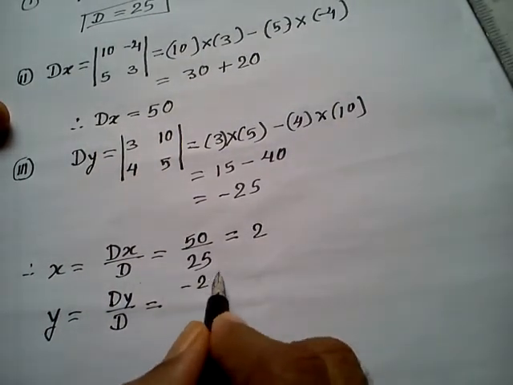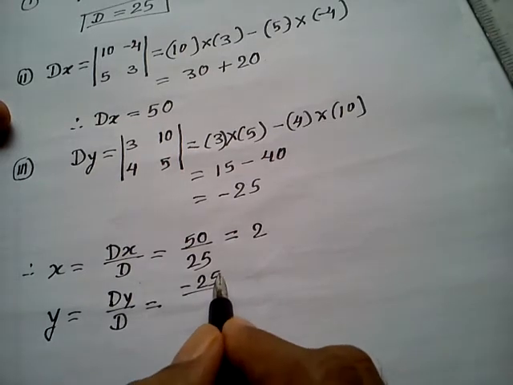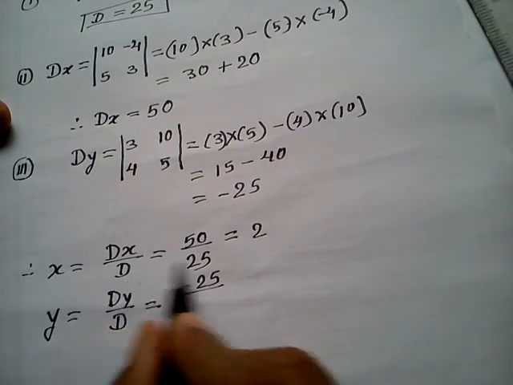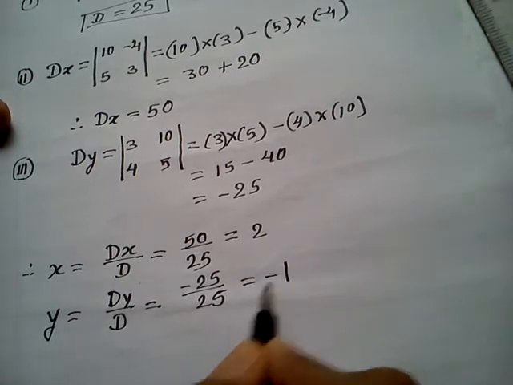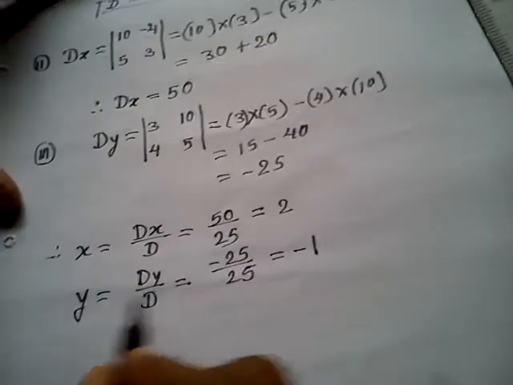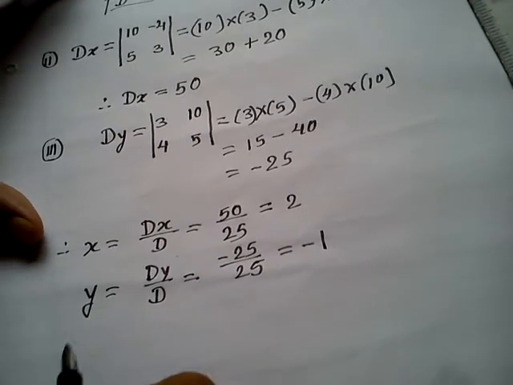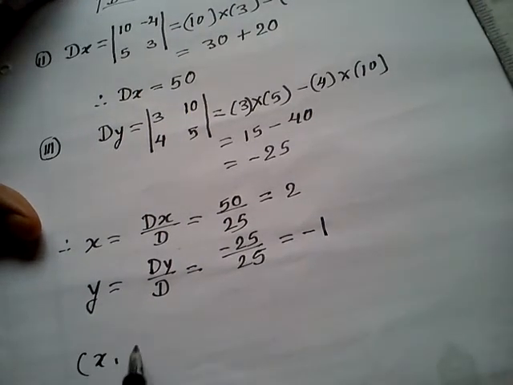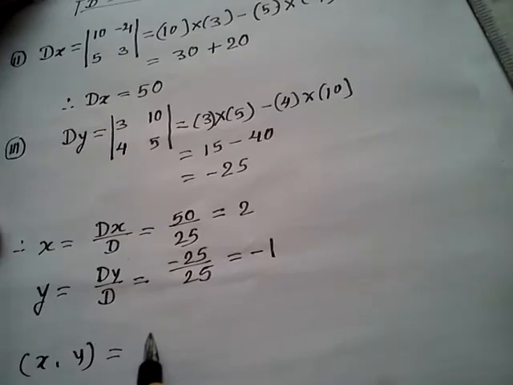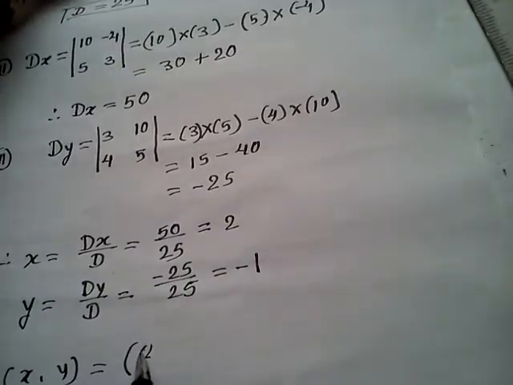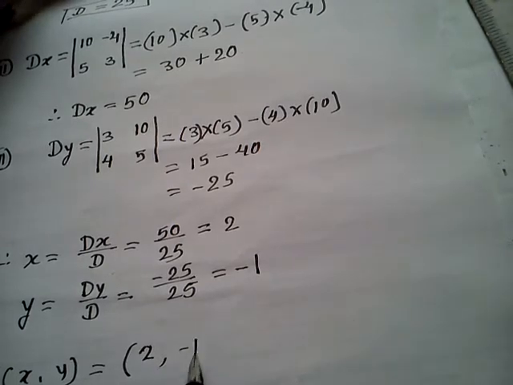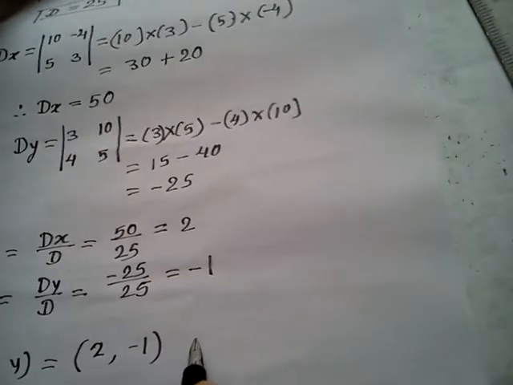Negative 25 upon D 25 is equal to negative 1. 25 ones are 25. Lastly, you have to write (x, y) is equal to (2, negative 1). This is the solution.